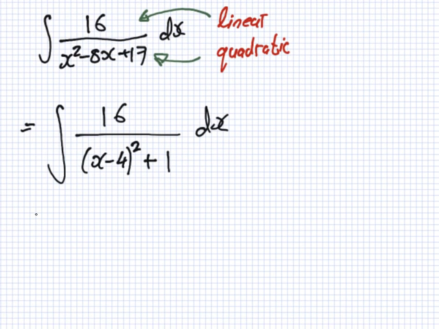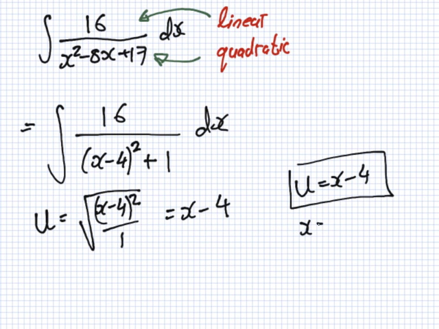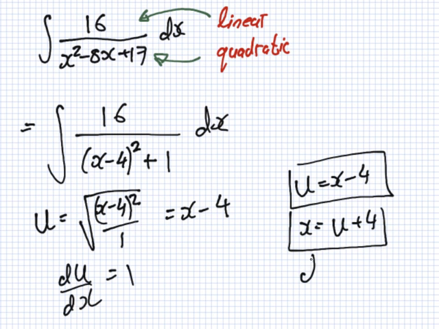We say u equals the square root of (x minus 4) squared over 1, which equals x minus 4. So if u equals x minus 4, what does x equal? u plus 4. And what does du/dx equal? 1. So dx equals du.